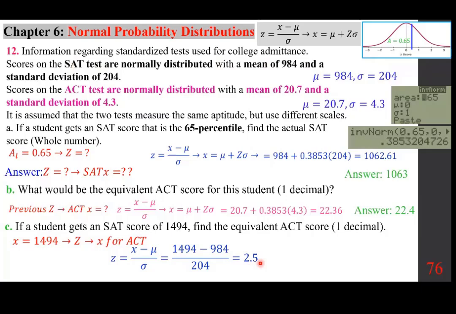And now we want to come up with the x score using this formula and this information. x is mu 20.7 plus z, we found it to be 2.5, times sigma of 4.3, 31.45. How many decimals? We need 1. So the answer is 31.5.